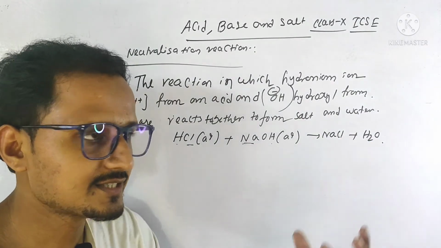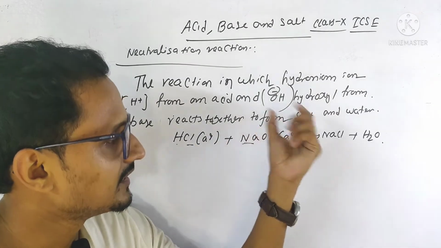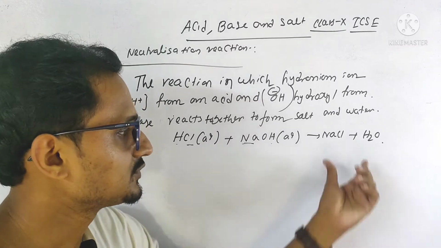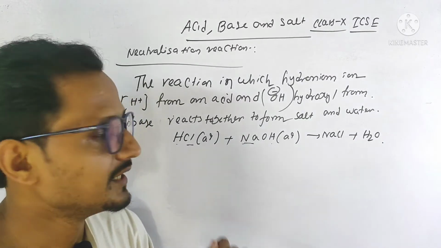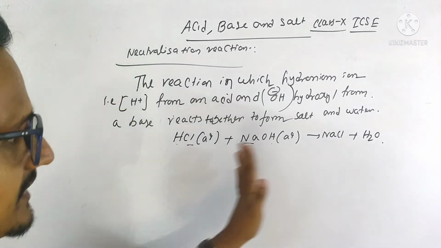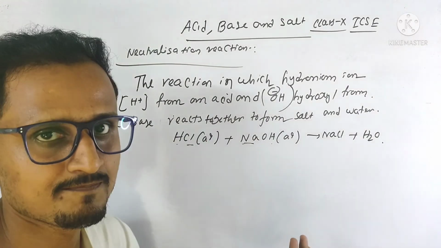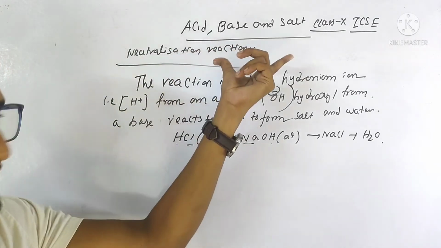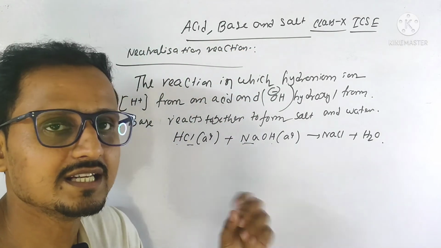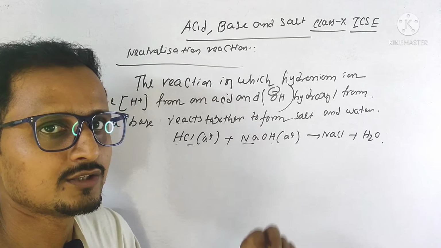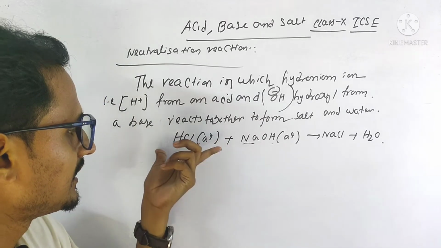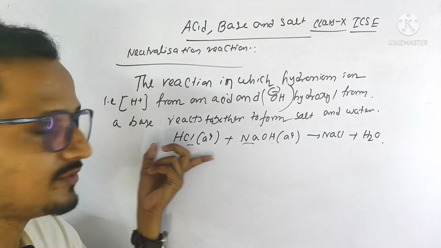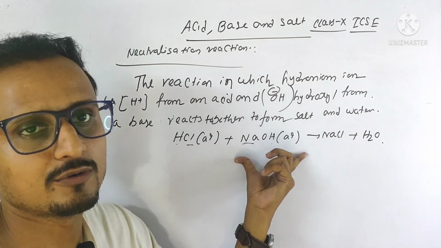That means the same molar amount of acid will react with the same molar amount of base to form salt and water. Now here in this case, for this neutralization reaction, consider the amount of heat released to react 1 gram mole of acid with 1 gram mole of base.